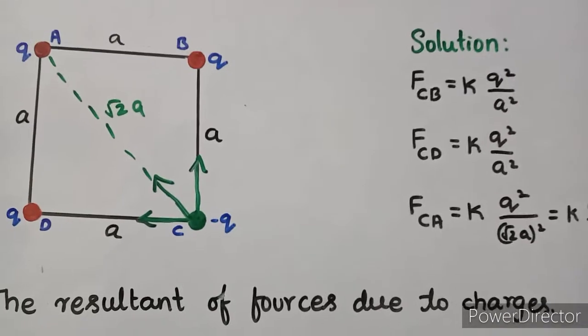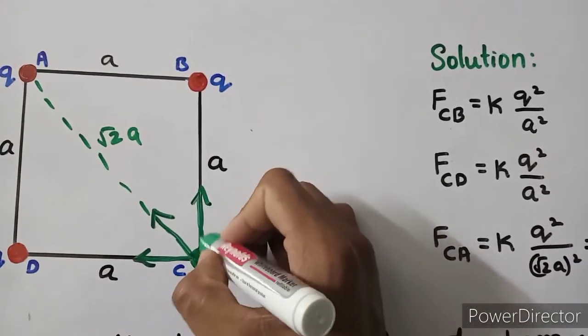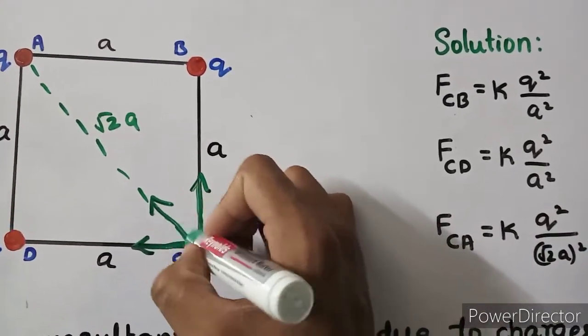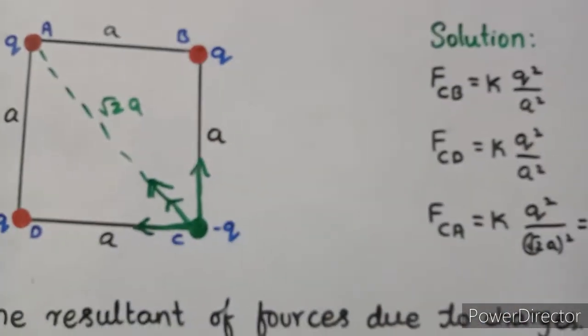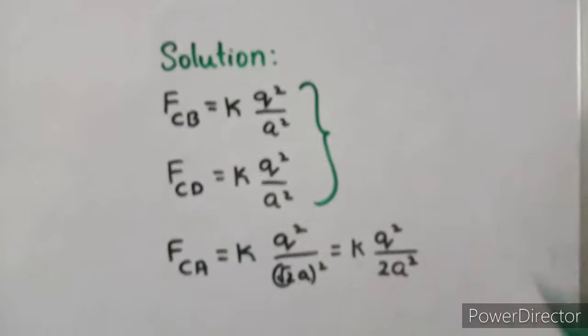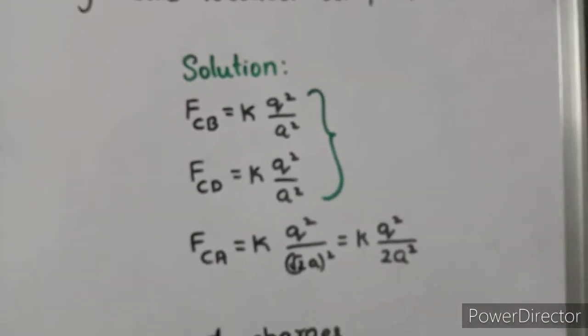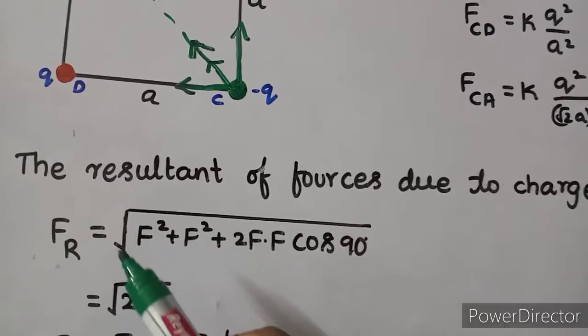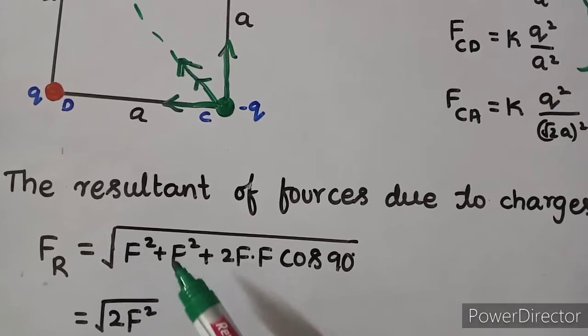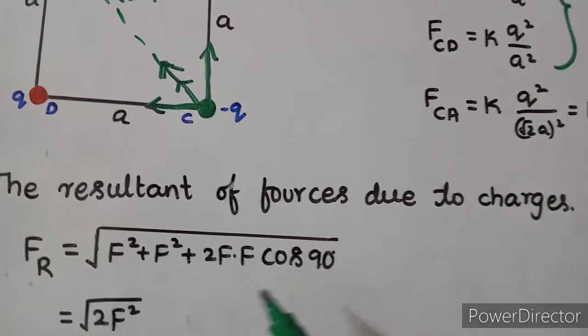So what you need to do here is first find the resultant of these two vectors, which will be in this direction, and then add the other force to it. By finding the resultant using the formula square root of a square plus b square plus 2ab cos theta, you can find this.